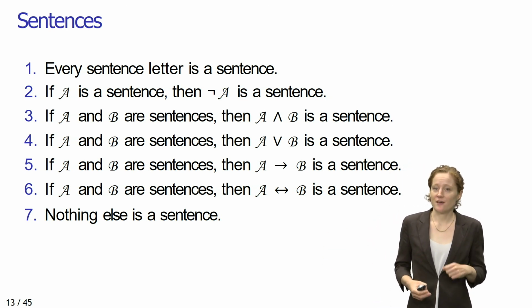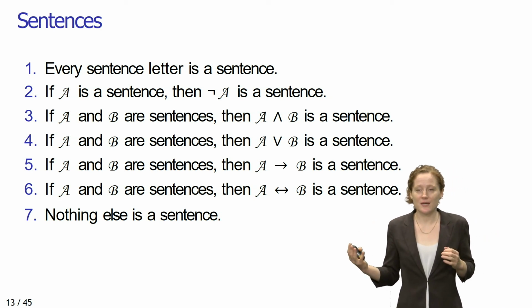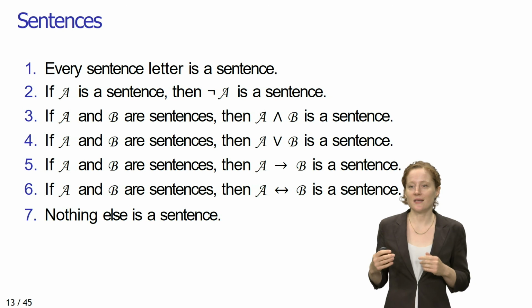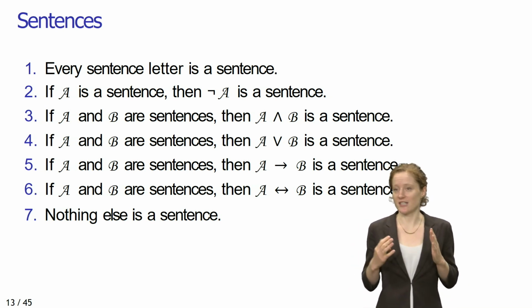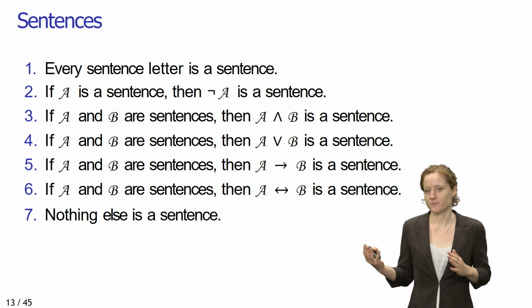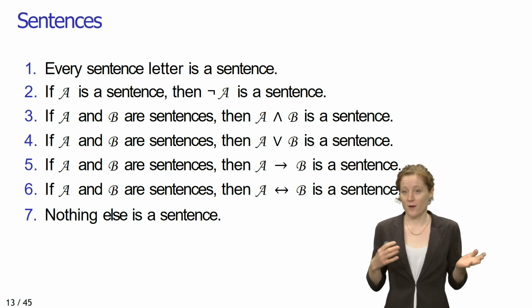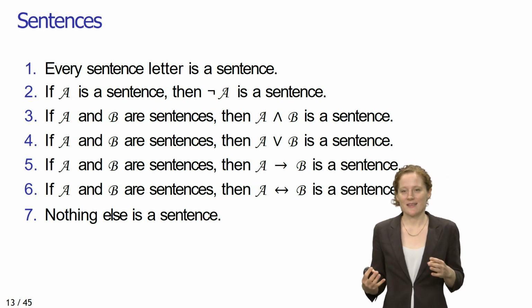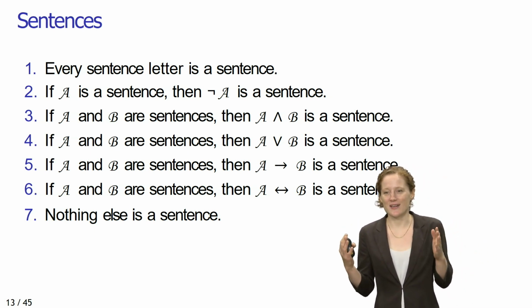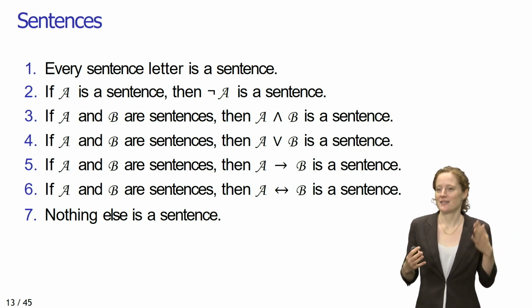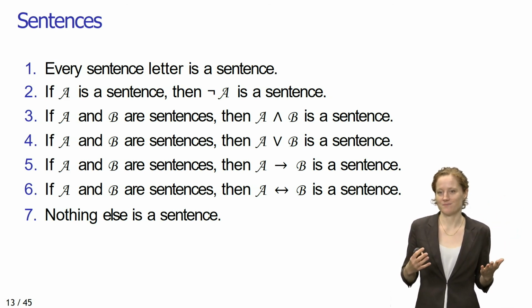Third, if both A and B are sentences, then the result of conjoining A and B by means of the conjunction symbol is also a sentence. Fourth, if A and B are sentences, then the result of disjoining A and B by means of the disjunction symbol is also a sentence.